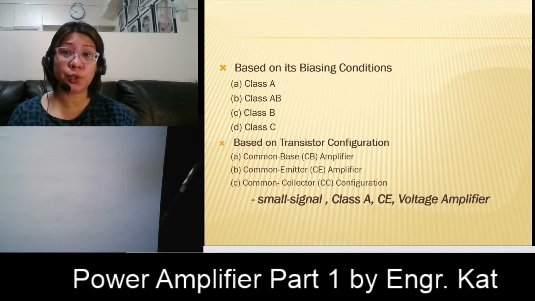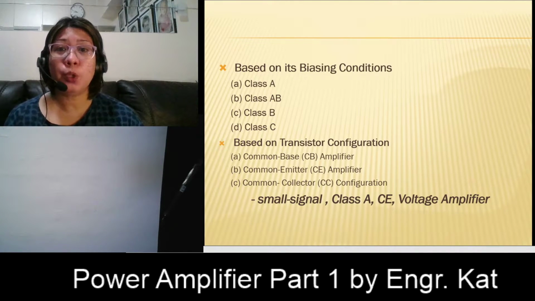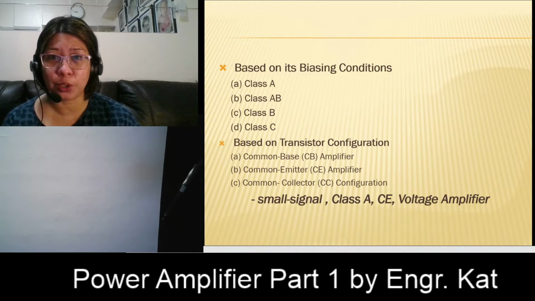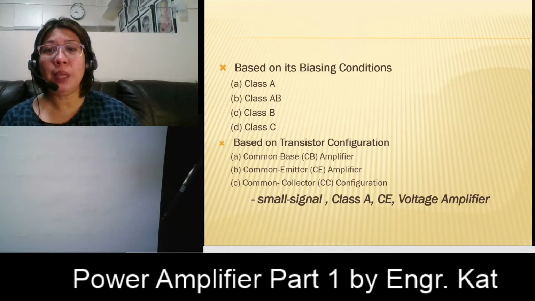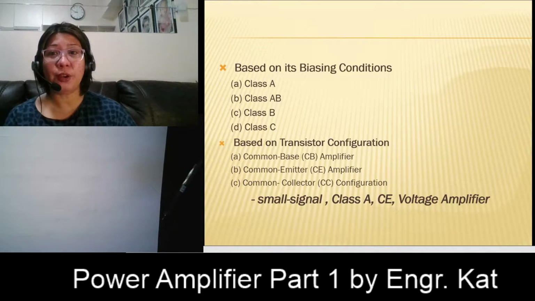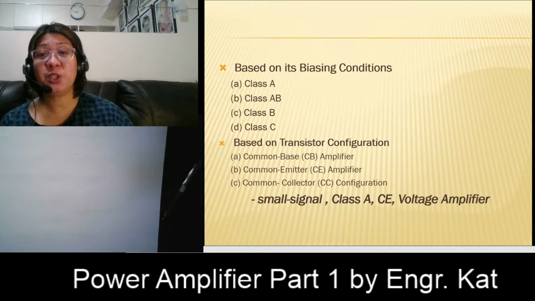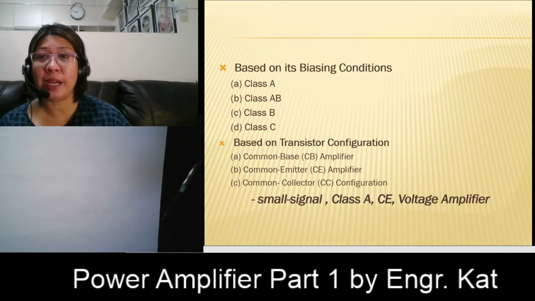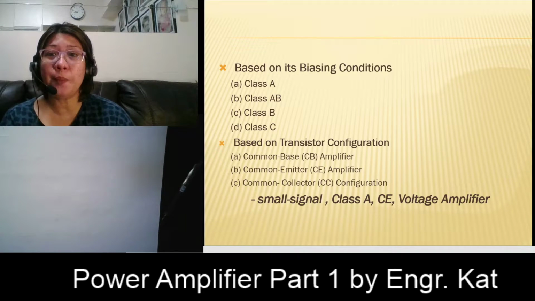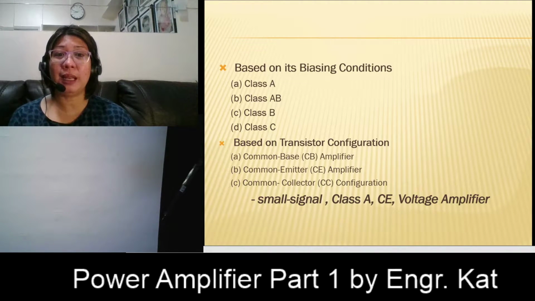the basic transistor configurations for BJT. We have your common base, your common emitter, and your common collector configuration. Okay, so in describing a certain amplifier, it is normal to describe it based on these different classifications. So for example, we have a small signal class A common emitter voltage amplifier.